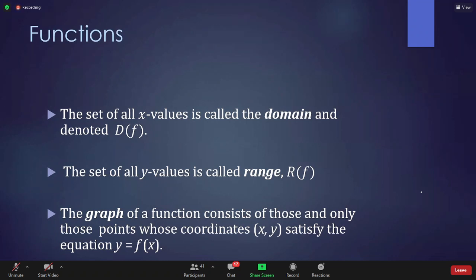Only the main difference here is that it has to be a function. That is, every x value must have one and only one y value. If you remember, the second order curves that we discussed last unit are generally not functions. They are not graphs of a function.